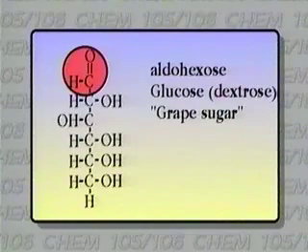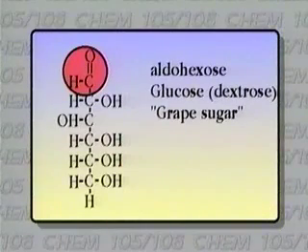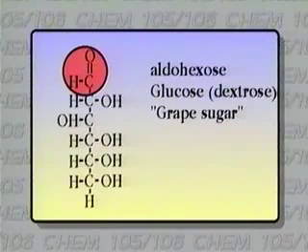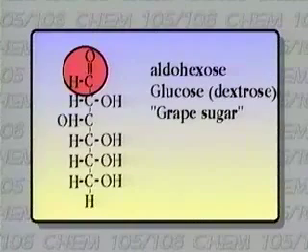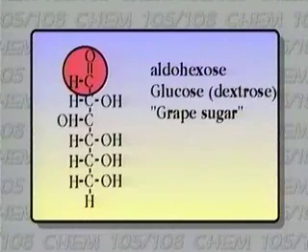Notice that every one of the carbons has an alcohol group on it, and the end group up here is once again an aldehyde. As a matter of fact, this particular sugar is referred to as an aldohexose. So the aldo tells us that it has an aldehyde group on it, and the hex, of course, says that there's 6 carbons there. So the name tells us what the structure is.